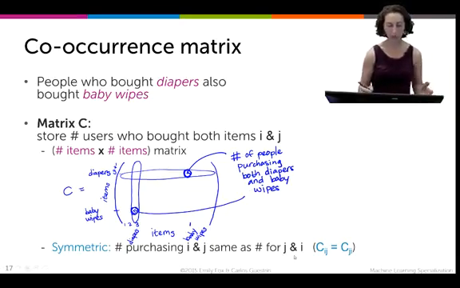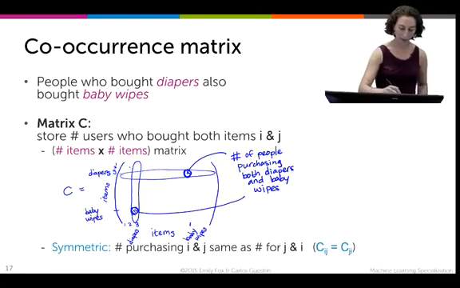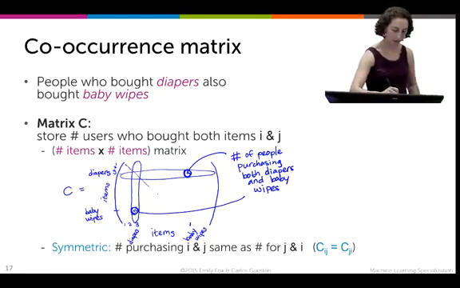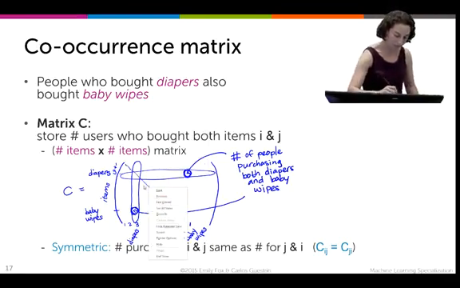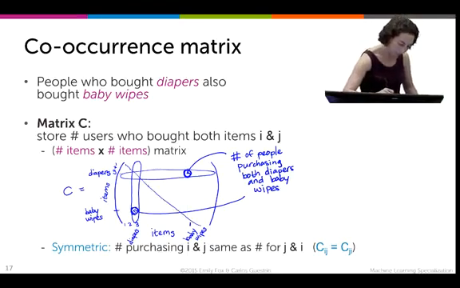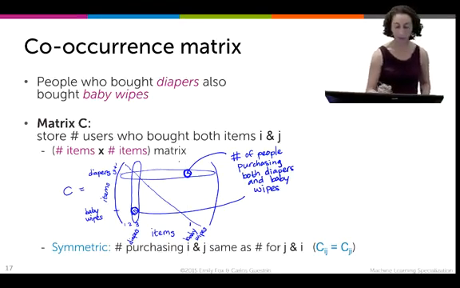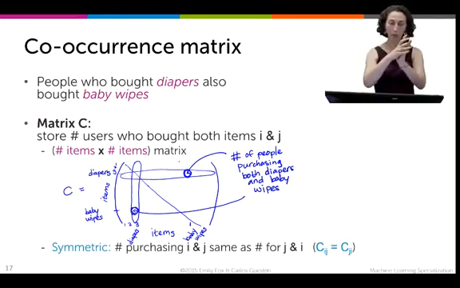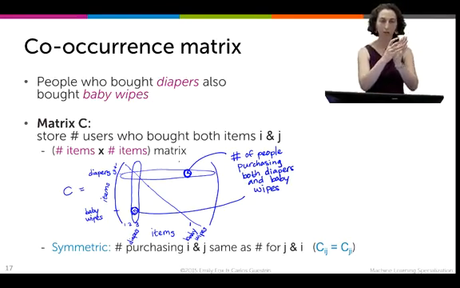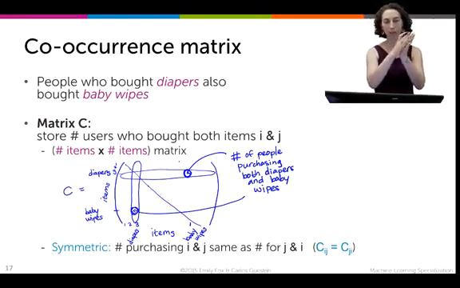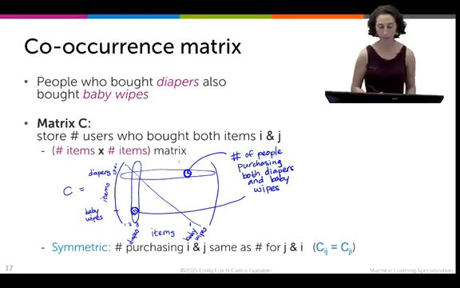Okay? And so what this means is this is a symmetric matrix that if we look across the diagonal here, then we're going to see a reflection. If we took this matrix and folded it across that little diagonal line I just drew, you would get exactly the same numbers matching up.